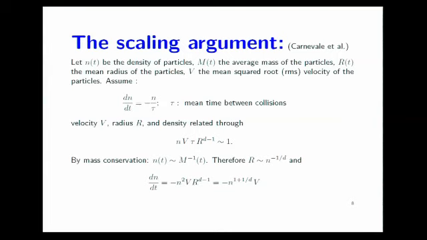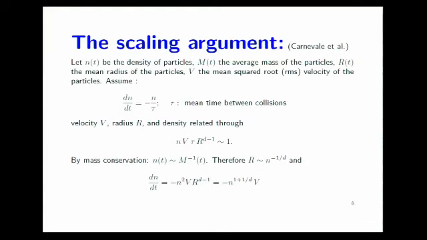Now, what are people interested in mainly? For example, Carnevale et al., who described the ballistic aggregation as I said at the beginning, are interested in the evolution of, for example, the density of particles.